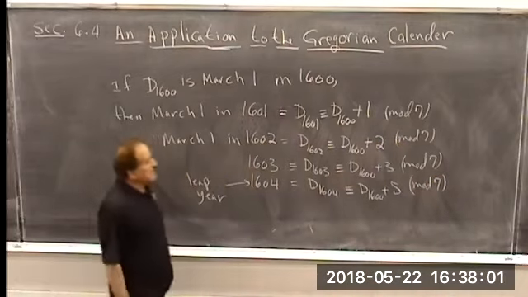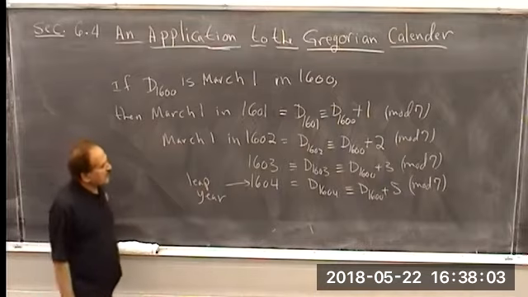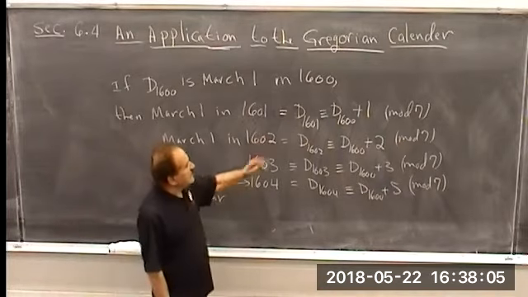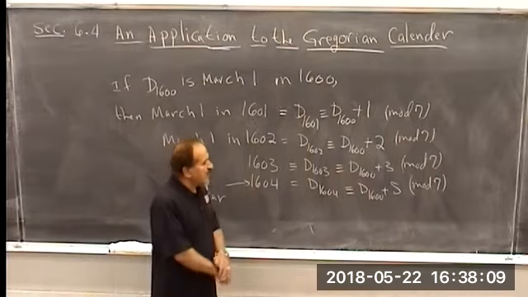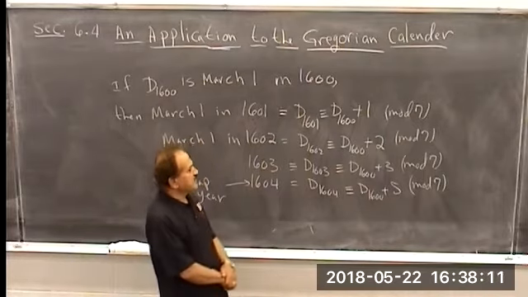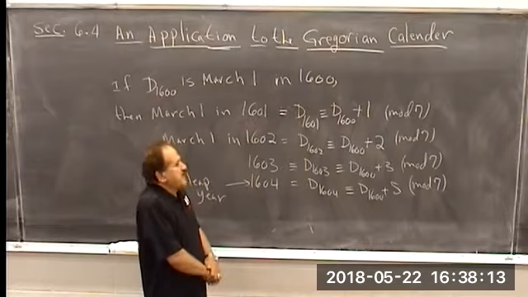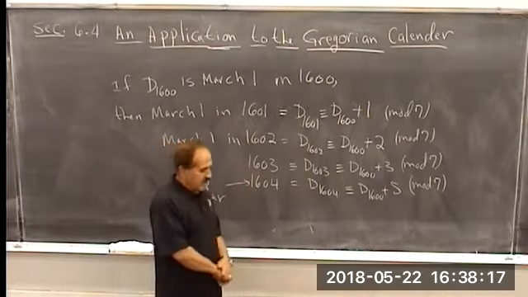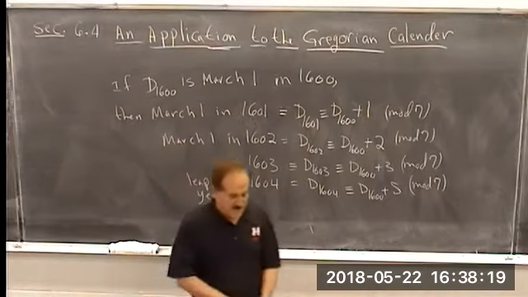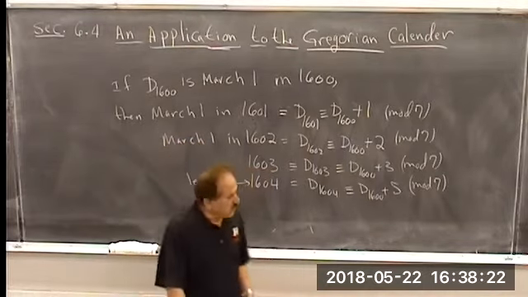So in other words, to find a formula from 1600, for a certain date, we need to find the number of common years and the number of leap years from 1600 to the year that we are interested in finding the day of the week.